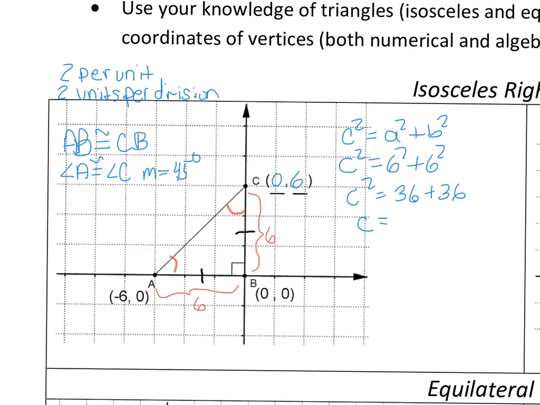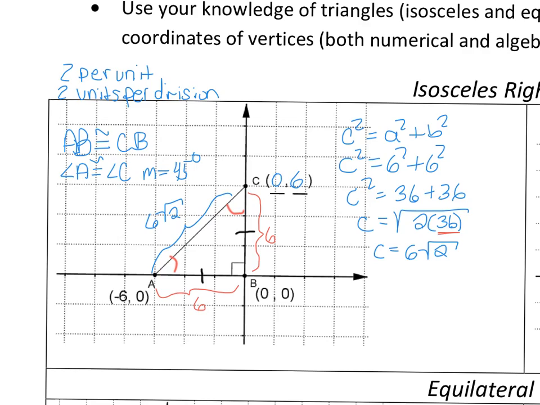And my C then is the square root of 2 36s, or 2 times 36. And you can see that my 36 here is a perfect square, so I'm going to go ahead and take that perfect square. And my hypotenuse length then is 6 times the square root of 2. So the length of this is 6 square roots of 2.